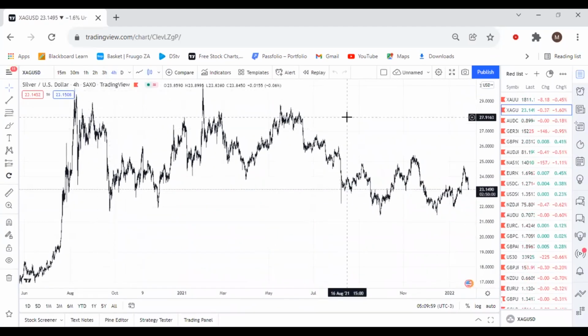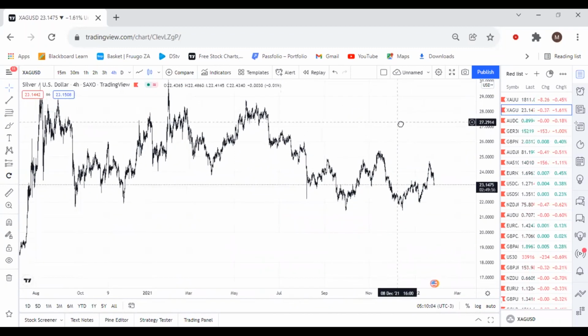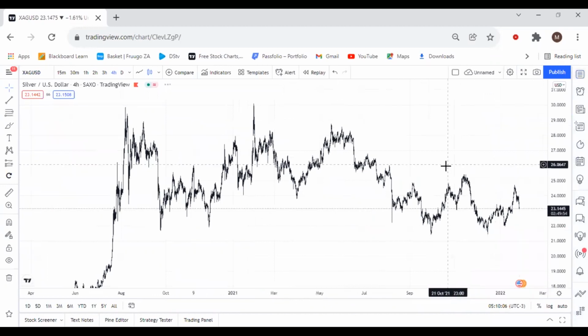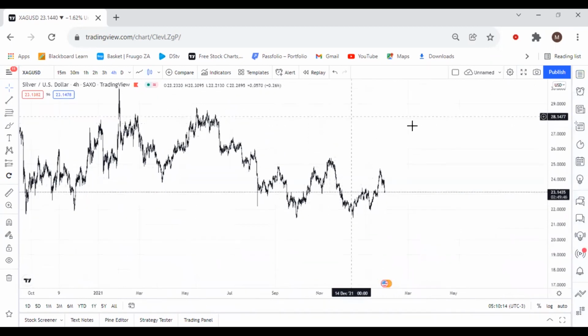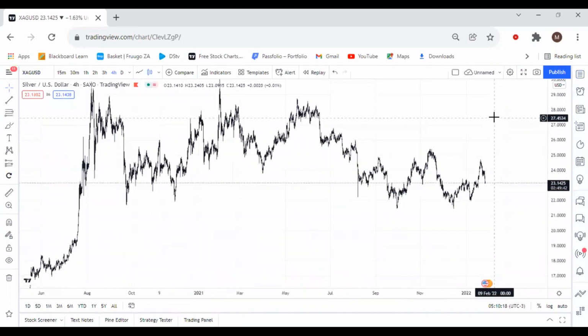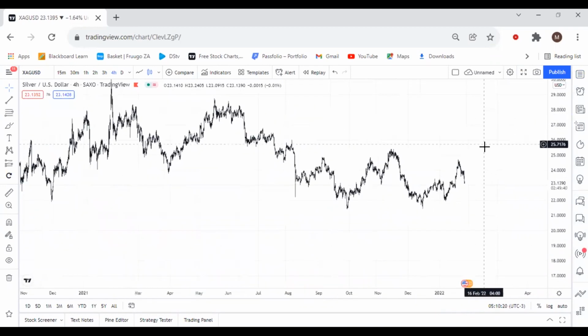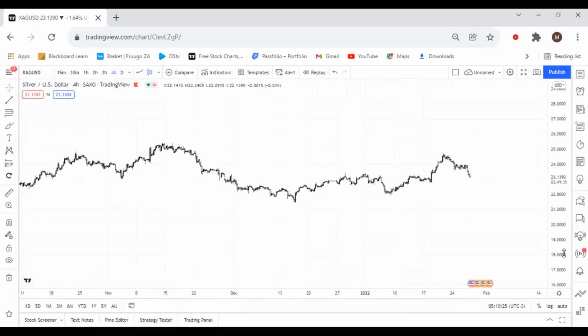With this one, it's a bit choppy, as you can see. It's just been going sideways. So what we do is trade within the channel, and I'm not gonna scale it up to the daily, because I usually don't hold these kinds of trades for so long.